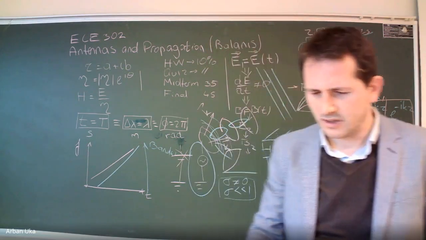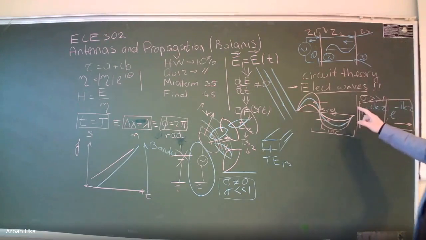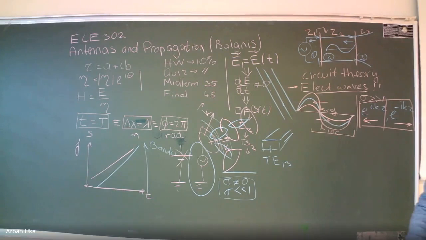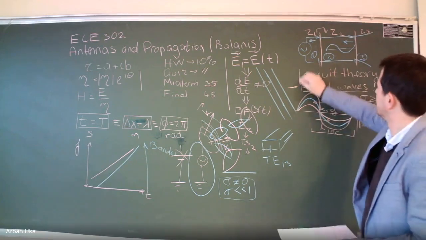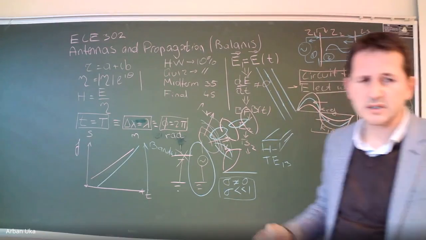I mean, at least that's the intention. So this was what the electromagnetic wave teaches us. Now let's see how we can formalize this in terms of circuit theory. Let's have a look at how this idea can be constructed based on this.